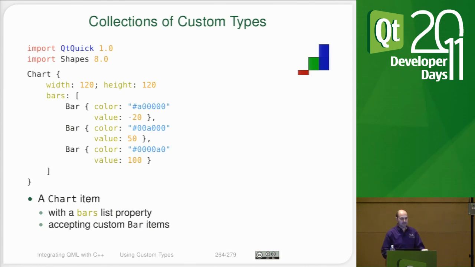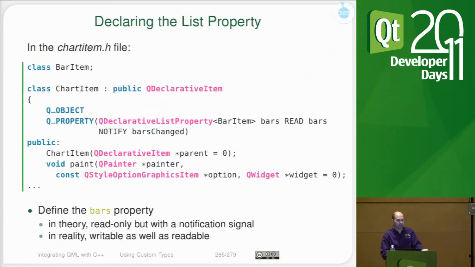Well, it's pretty easy because we have a special type of property that is going to be a QDeclarative list property. So here we are going to use the QProperty syntax where our type is actually going to be a template, which is QDeclarative list property, and we give it the type of which this list will contain.